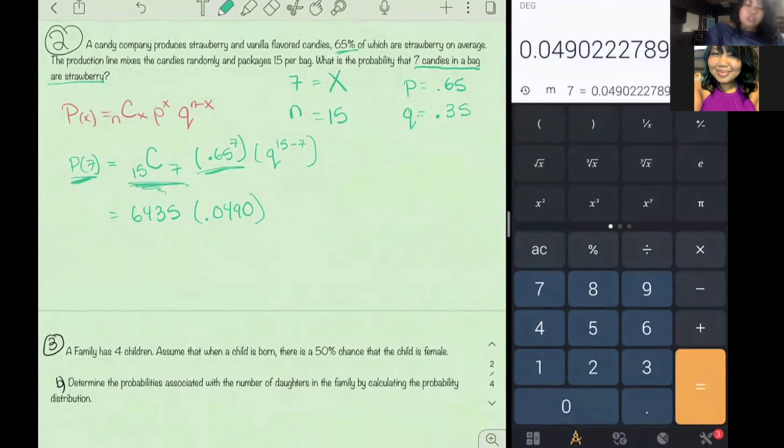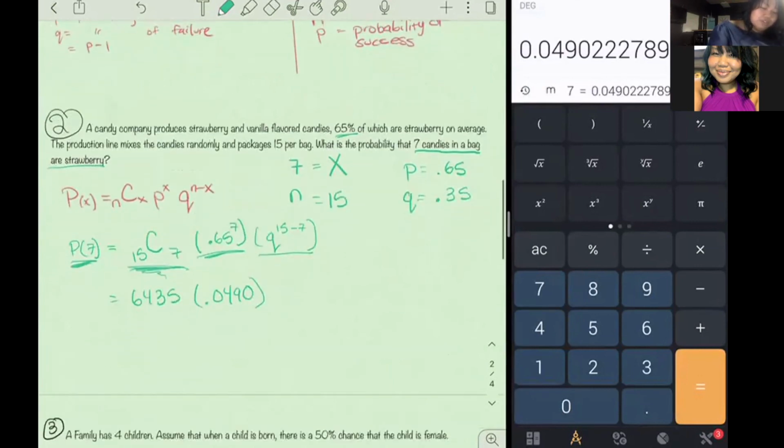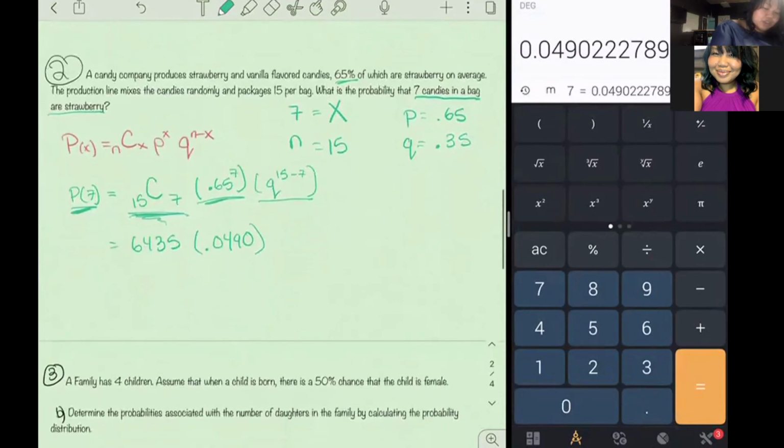Okay, so in this case right here, we're going to do the same thing, except we're going to do q to the power of 15 minus 7. So that's, okay. I was using my fingers. No shame. Okay, so we're going to do q.